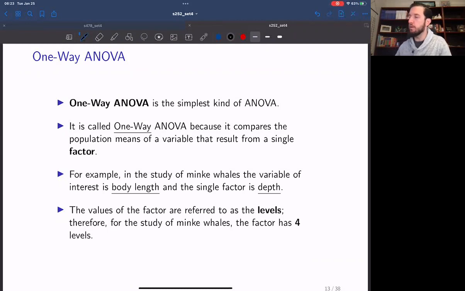So in our situation, we have one factor, which is the depth, and that factor has 4 levels, which are the 4 different ranges of depths that we are considering. Okay, any questions? There's a lot of different little definitions that come in. We'll look at examples later, but it's good to get a sense of what each of these things are and how they differ right off the start.